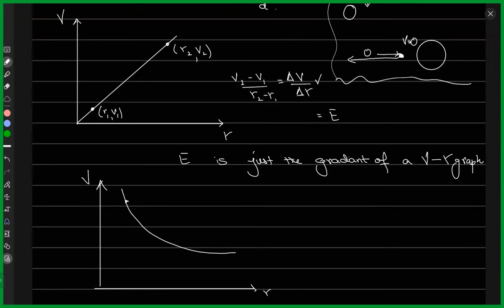Can you tell me which situation gives a graph that looks like this one? Let me give you the situation. If I have a positive charge and I bring it closer to another positively charged object, what will happen?